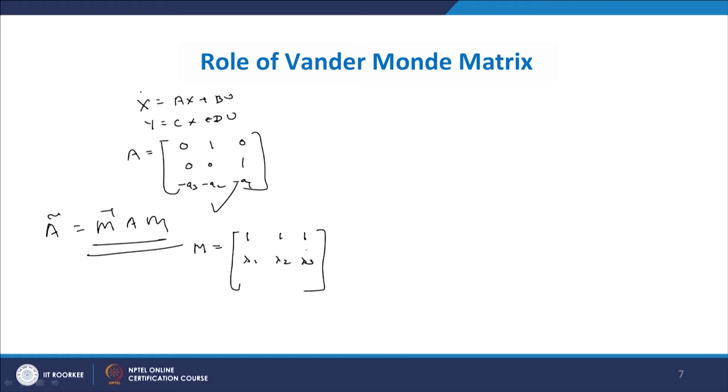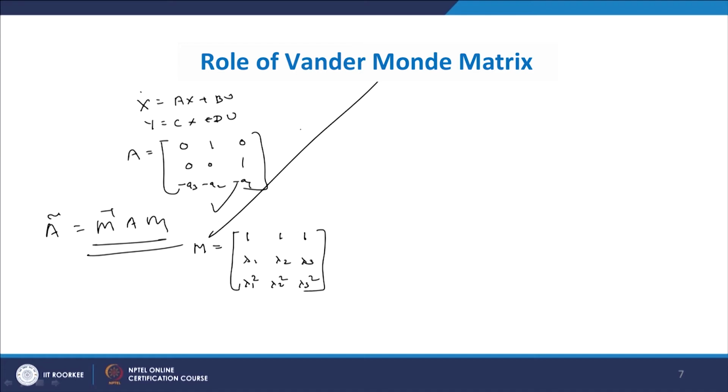And the third row is lambda 1 square, lambda 2 square, lambda 3 square. This is the model matrix, no need to calculate actual eigenvectors. This matrix is basically called the Vandermonde matrix. So if you know M, we can calculate M inverse, then multiply it by A into M, and we will get A bar.